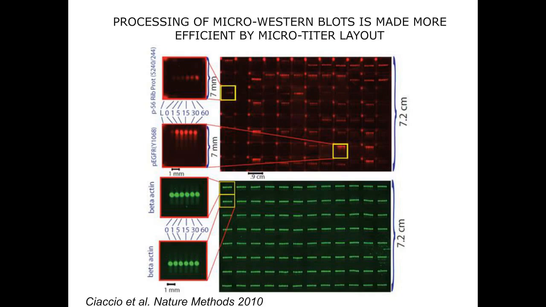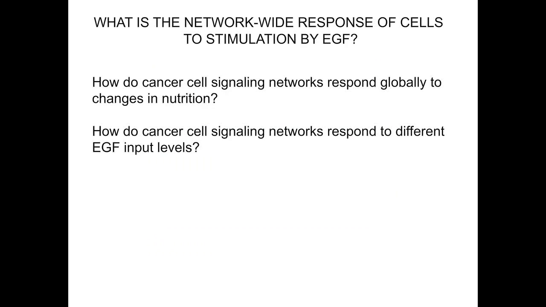And then also we probed all of the wells with beta-actin simply to show that we had equally arrayed proteins on our slides. And we asked in this study what the network-wide response of cells was to stimulation by epidermal growth factor. How do the cancer cells respond globally to changes also in nutrition? If we simply added more glucose or amino acids to cancer cells, how would their signaling networks respond?